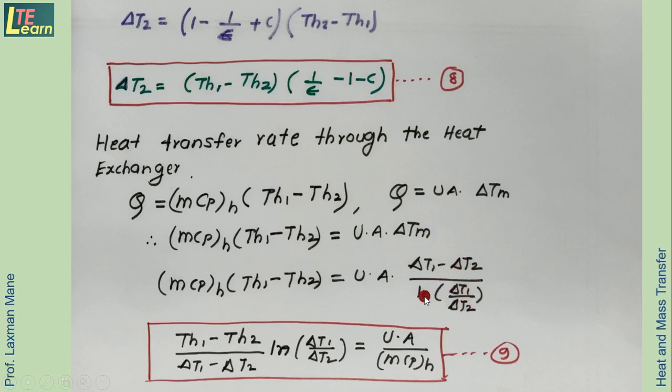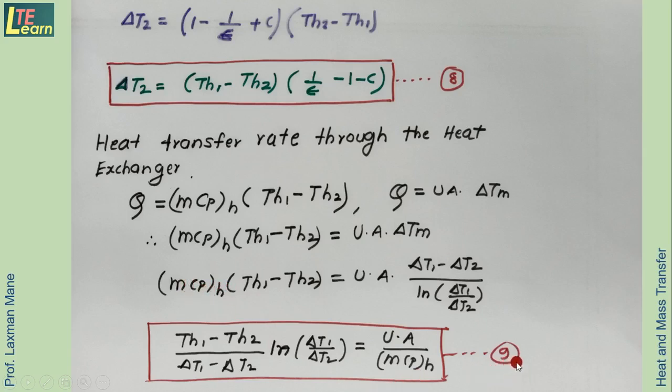There is a separate video session that we have already uploaded on the YouTube channel, there you can see. Now arranging the terms, TH1 minus TH2 divided by delta T1 minus delta T2 on the left side, then the ln term we take here, UA on the right side divided by m cp, means heat capacity we brought to the right side.